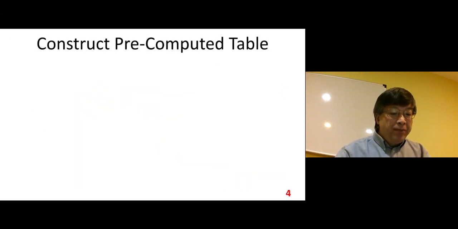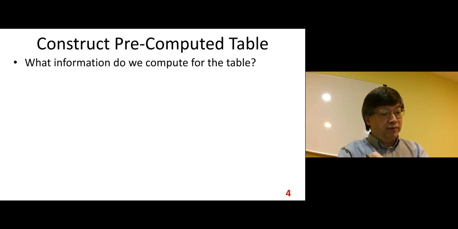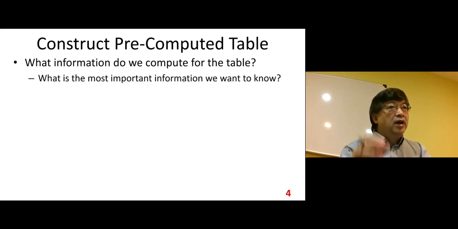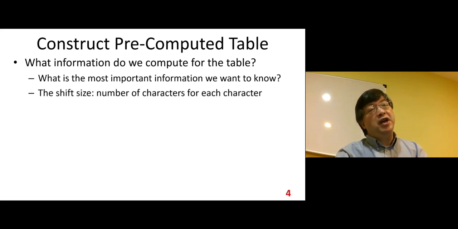Construct a pre-computed table. We need to collect useful information for the pre-computed table. So what information do we compute for the table? It is related to the step size, because we want to know the step size. That's the main information. Here we also call it the shift size.